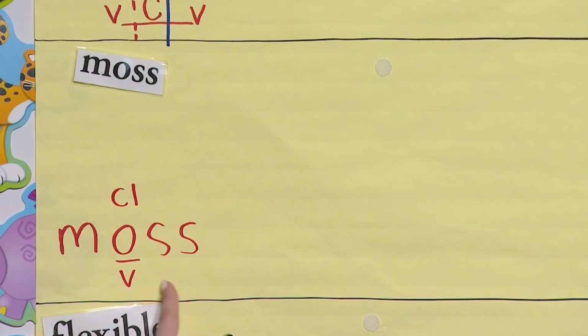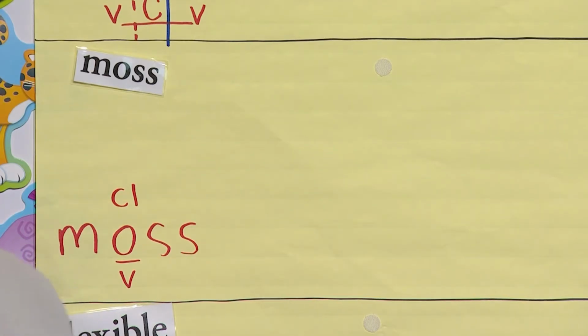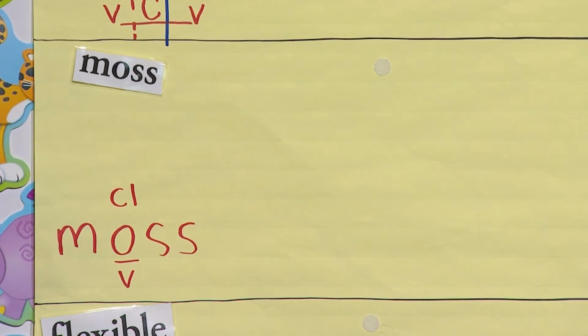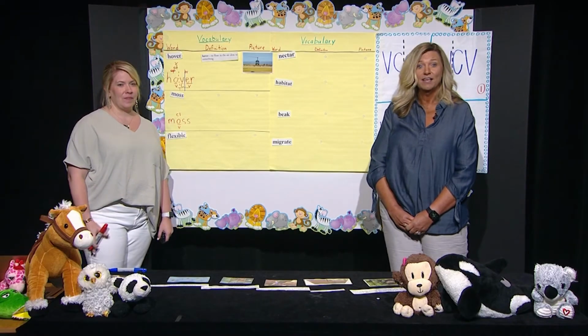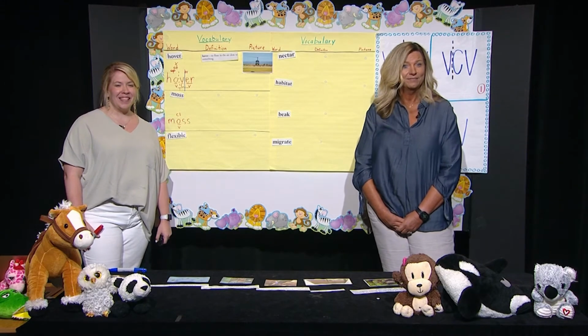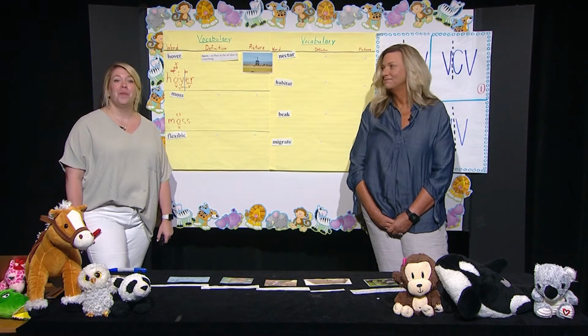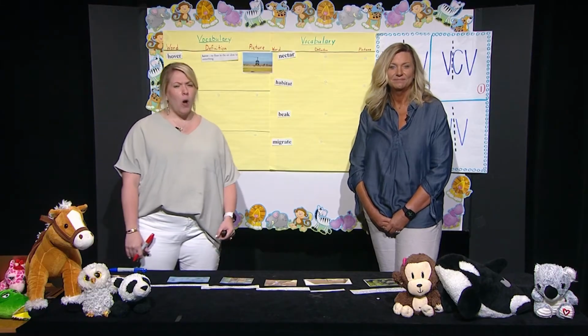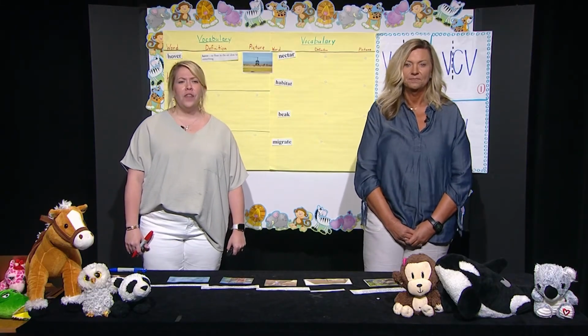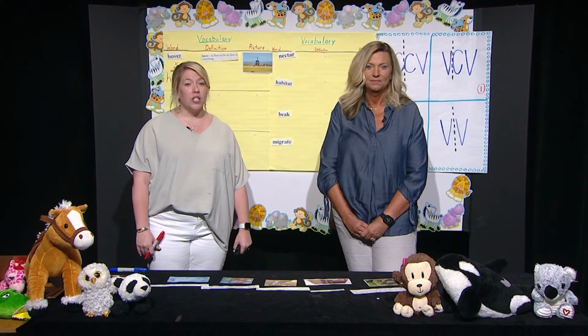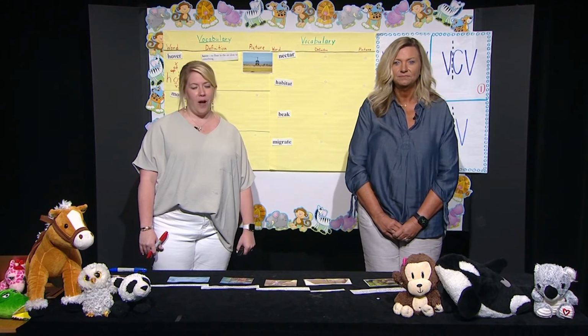M-o-s, moss. That was great reading, boys and girls. Our word is moss. Can you say the word with me? Moss. Awesome. Moss is a very small green or yellow plant that grows on moist rocks, tree bark, or wet ground.